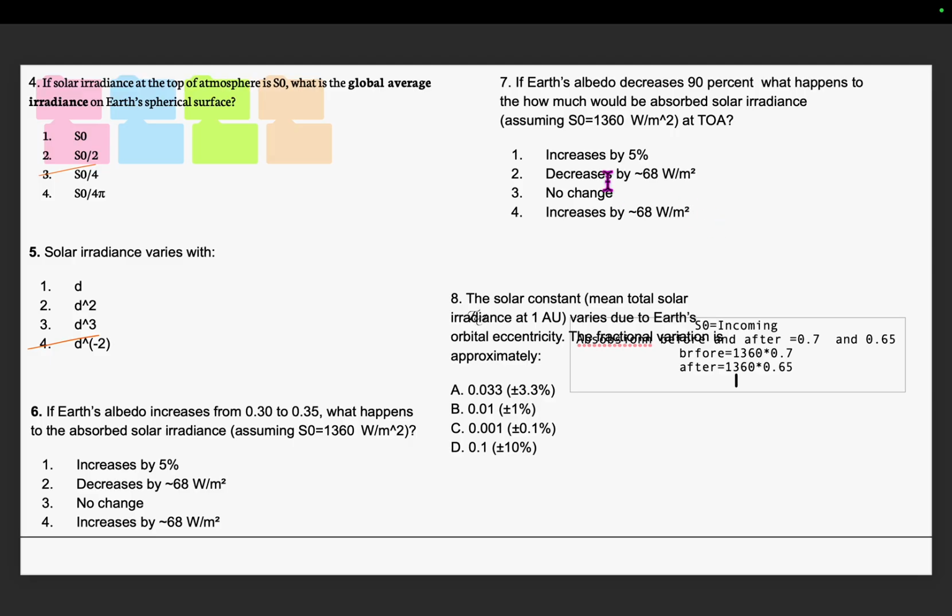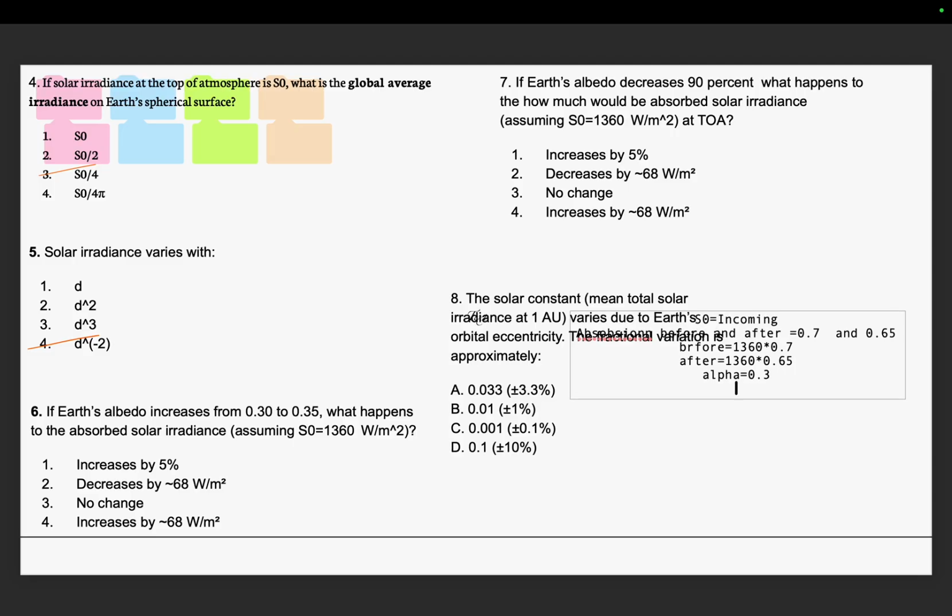For this question, any of the options may not be correct, and we know that the alpha for the Earth is now about 0.3, so you have to decrease it by 90%. So it will now go to 0.